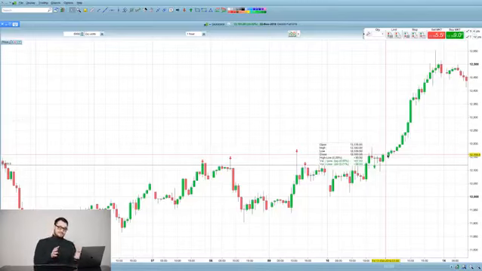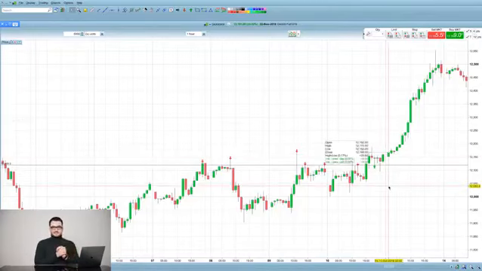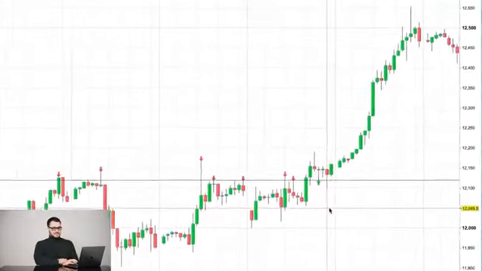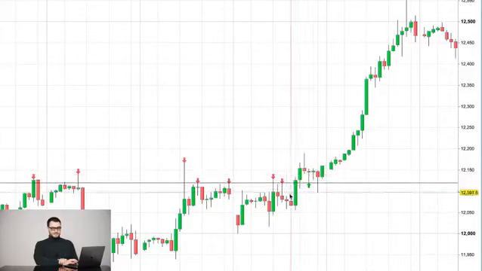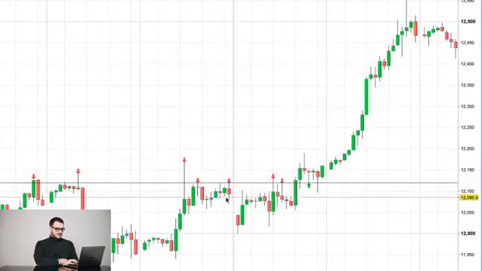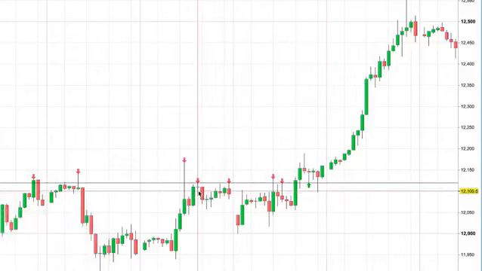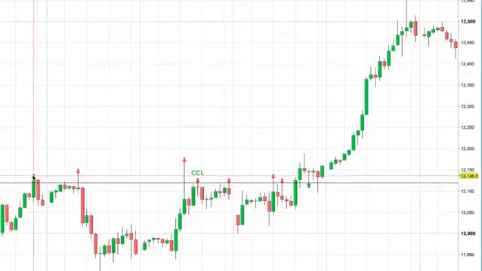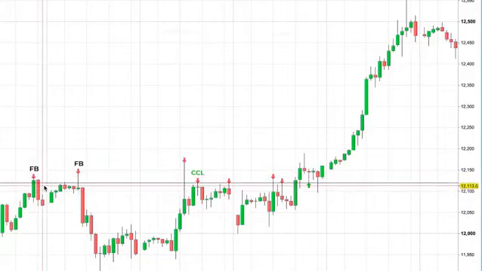This is actually an example from the last lesson when we were talking about the CSLs, CCLs, PTE, and FB. But I decided not to change it because it is a good example of a true break right here. As a reminder, this was our CCL, a candle that created a level, and these other ones, this was a false break that confirmed the level.